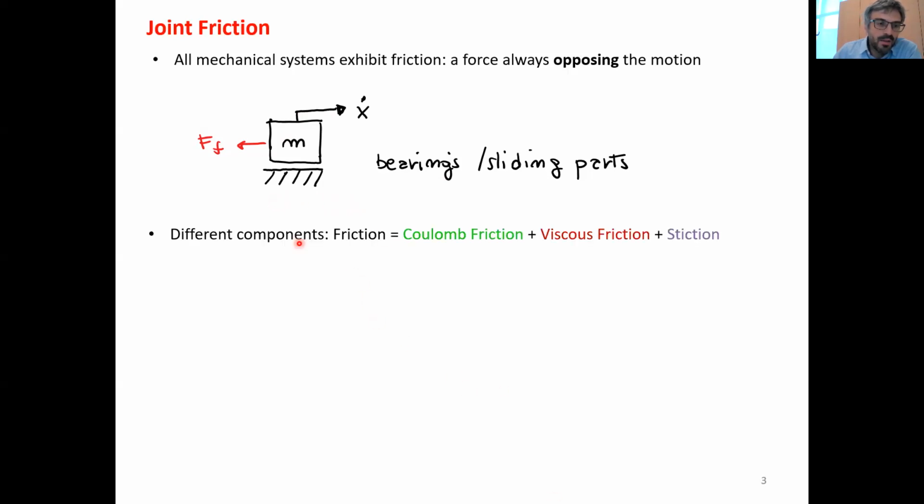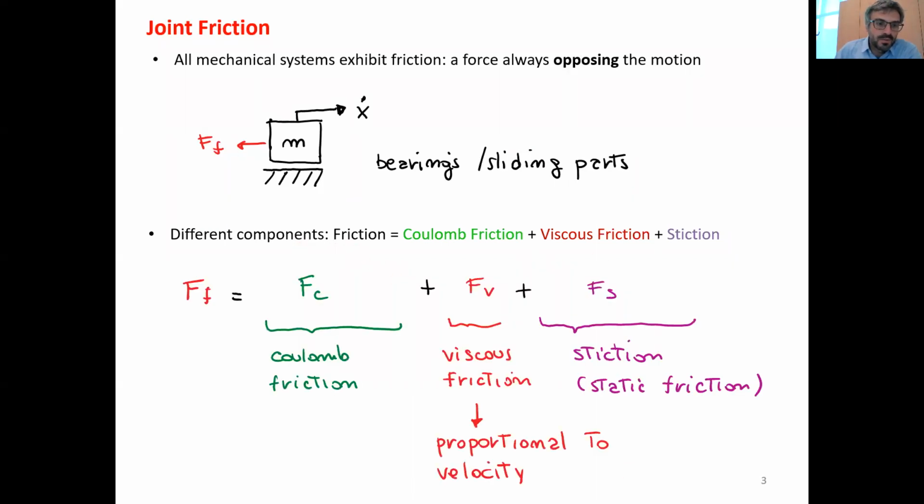The most famous friction model is the Coulomb model, and it considers that there are three components. One is the Coulomb friction, the other one is the viscous friction, and the stiction. The stiction is also called static friction, and the viscous friction is always related to the motion.